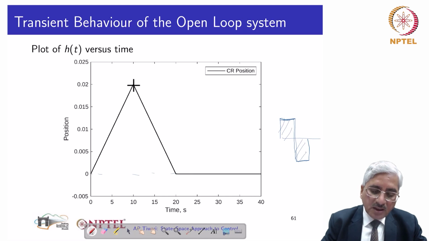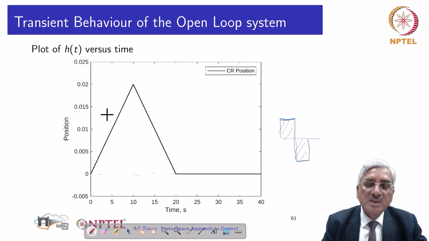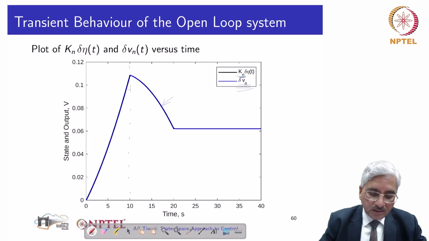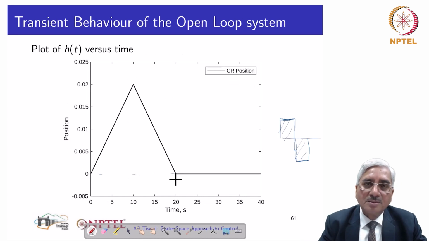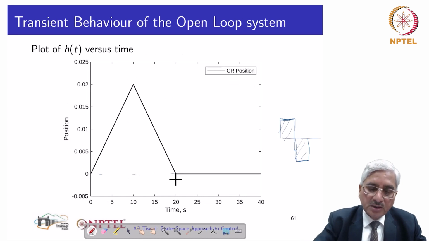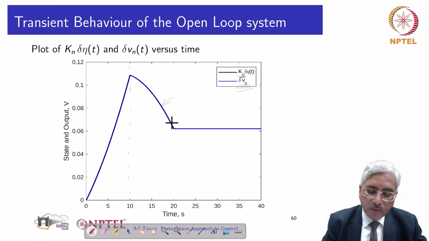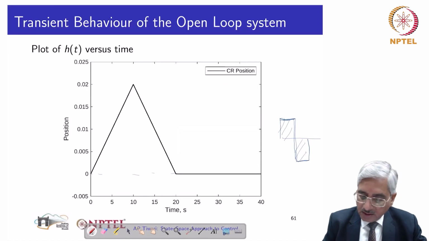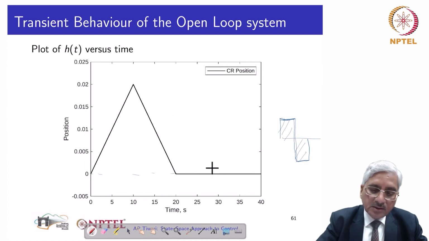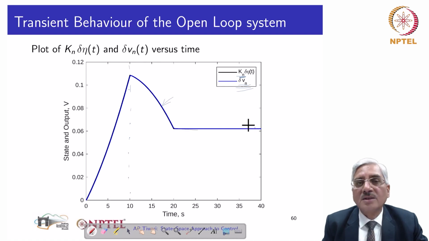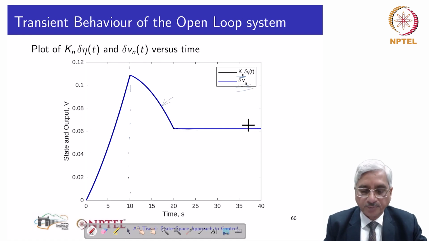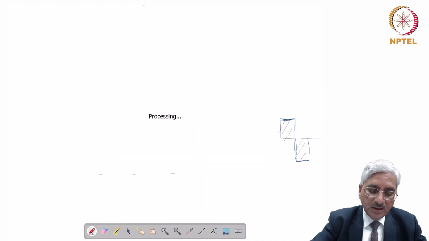As it is traveling out, it is introducing reactivity, and so the neutron density rises. As it is traveling in, reactivity is becoming not negative but reducing, so that gives rise to this profile, and subsequently the reactivity is 0. So the neutron density becomes constant. This is the profile that comes.